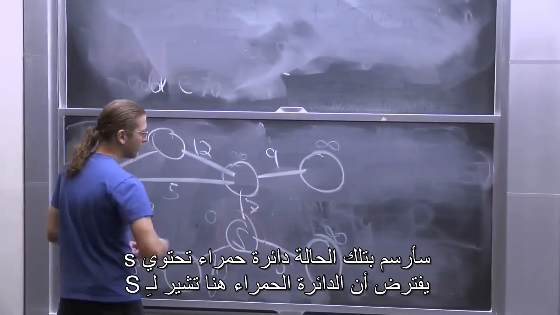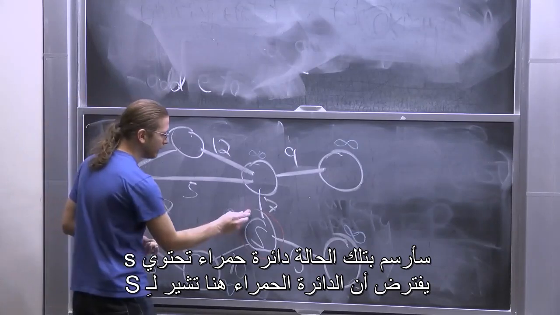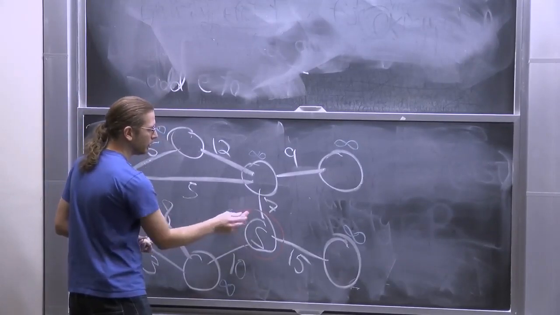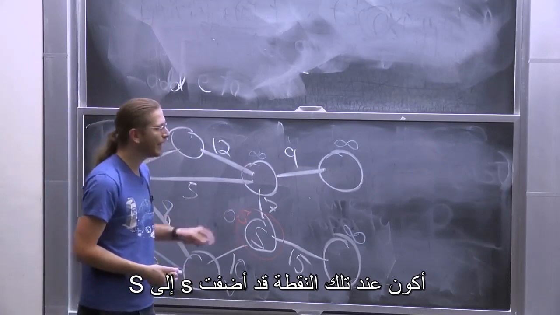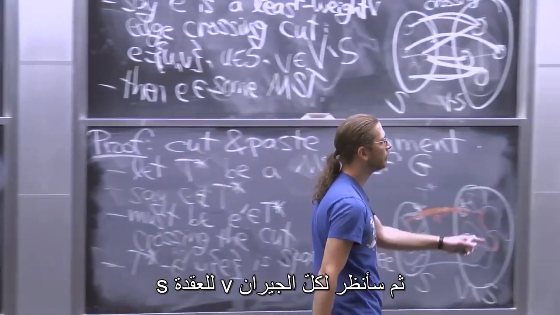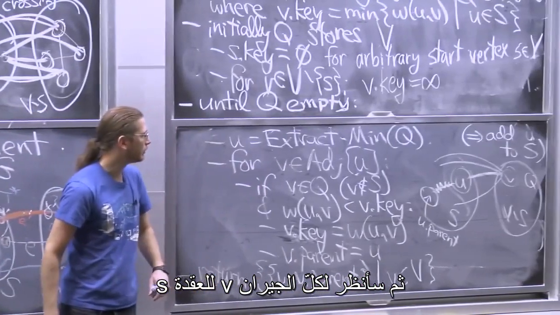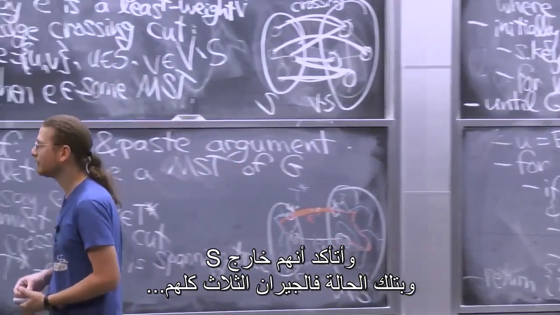So that's when I draw the red circle containing little s. The red circle here is supposed to be capital S. So at this point, I've added little s to capital S. And then I look at all of the neighbors, V of s, and I make sure that they are outside of S. In this case, they all are.